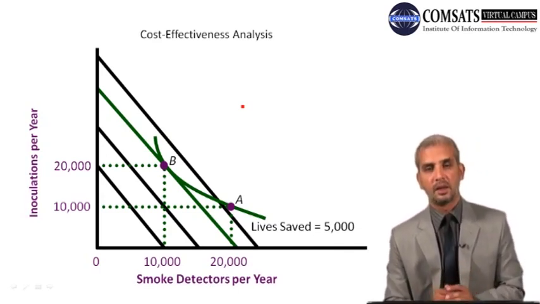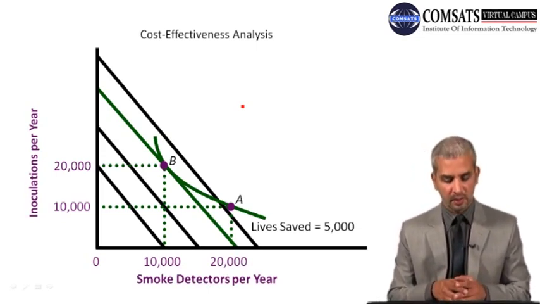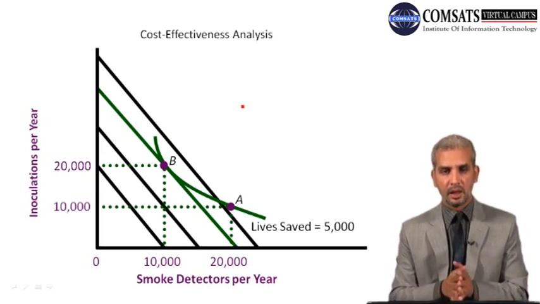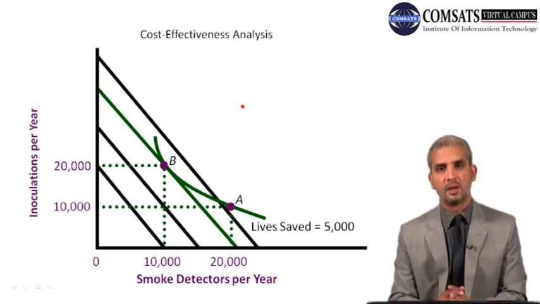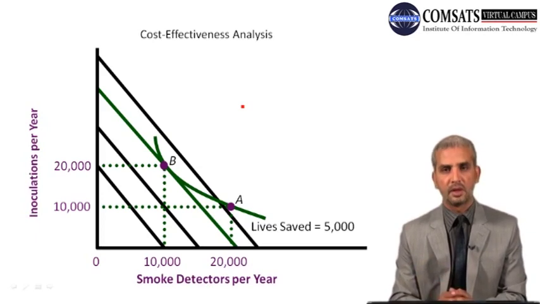So that would be point B, and that would be representing the cost effectiveness analysis. I hope you can see over here that this is economic analysis and program budgeting, pairing together or grouping together all programs of various agencies which have a similar objective, and the objective was 5,000 lives.